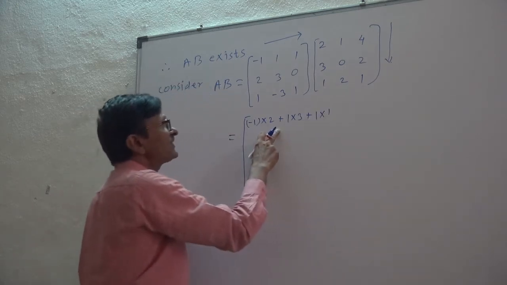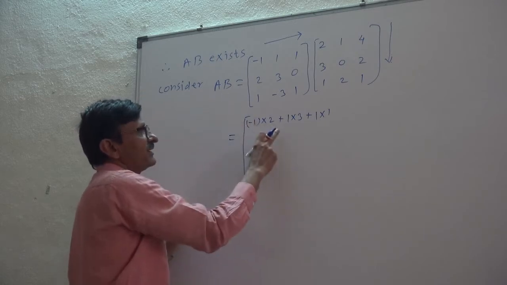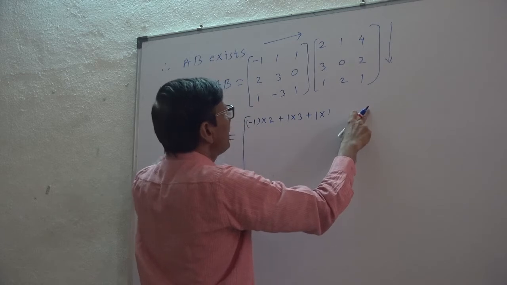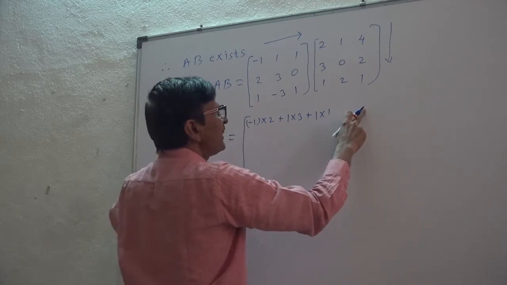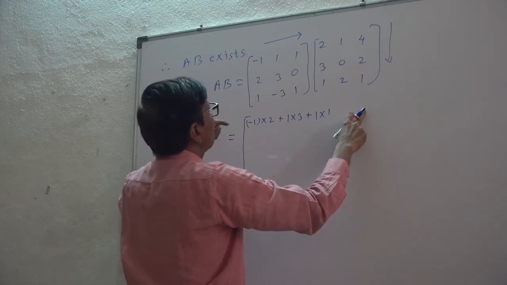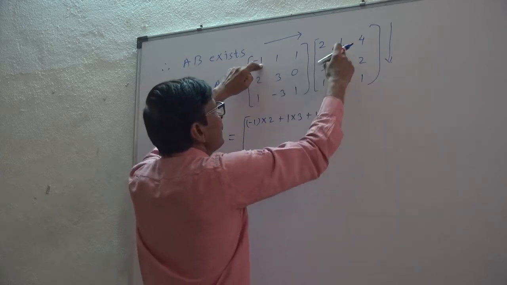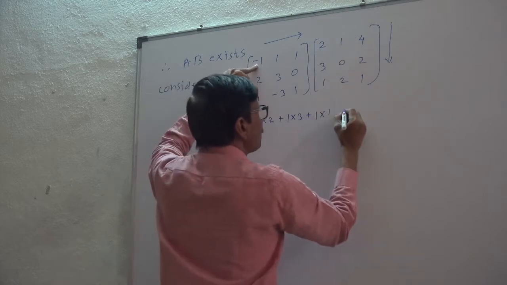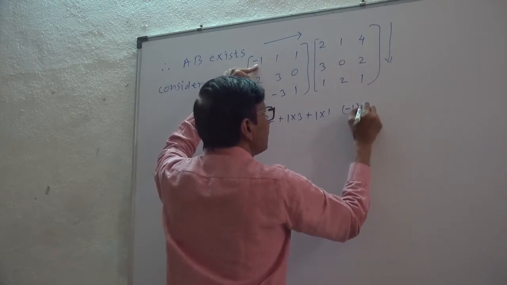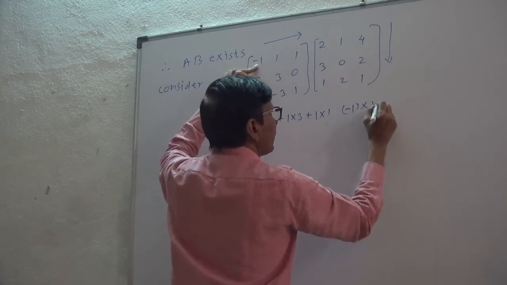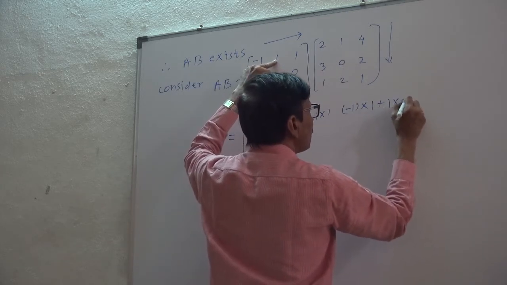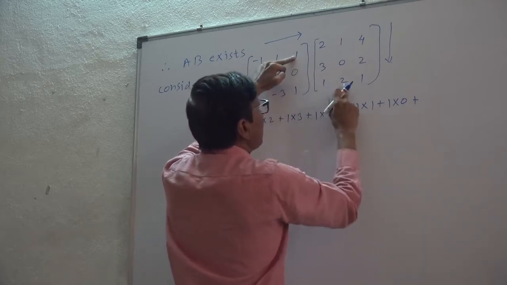This is the first element of product matrix. Now next element we will find, this position lies in first row, second column. So row remains as it is, we will change the column, first row, second column. So -1 into 1 plus 1 into 0 plus 1 into 2.